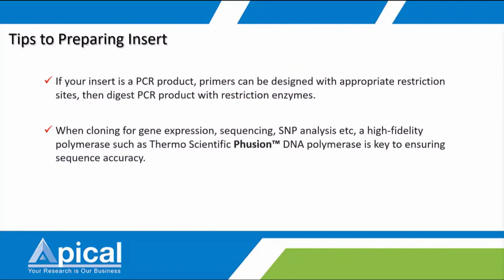Anyone who attended the previous series of the webinar knows the use of this high fidelity DNA polymerase, because common Taq DNA polymerase will generate 1 error per 1 kb of amplification. You want to copy the exact sequence of the gene of interest to use in your cloning, and maybe later on you want to express it, so you want an exact sequence. So you will need a high fidelity DNA polymerase.